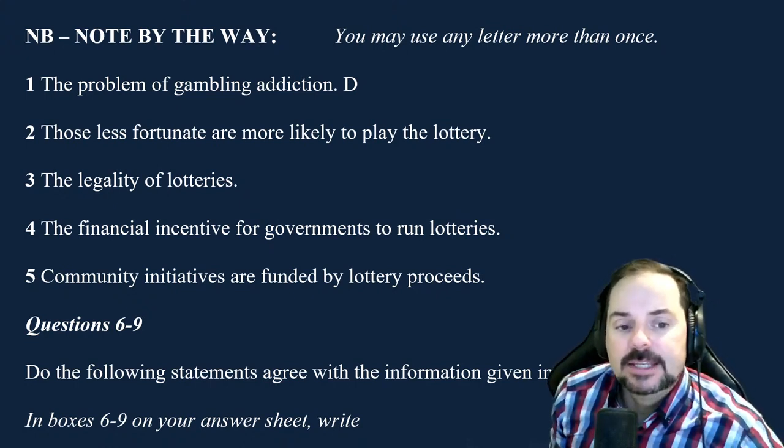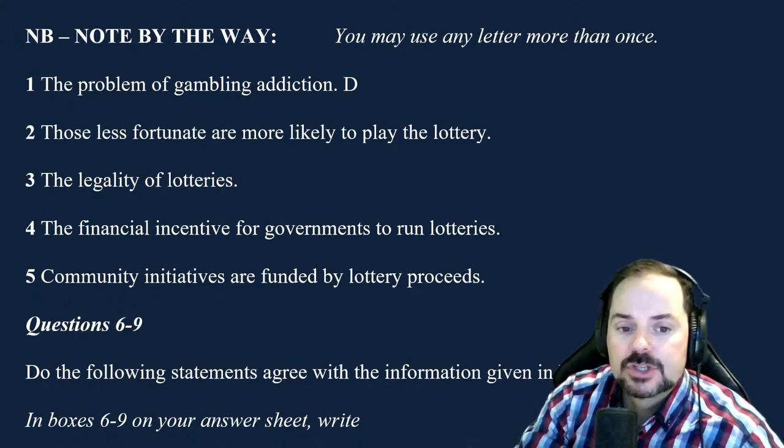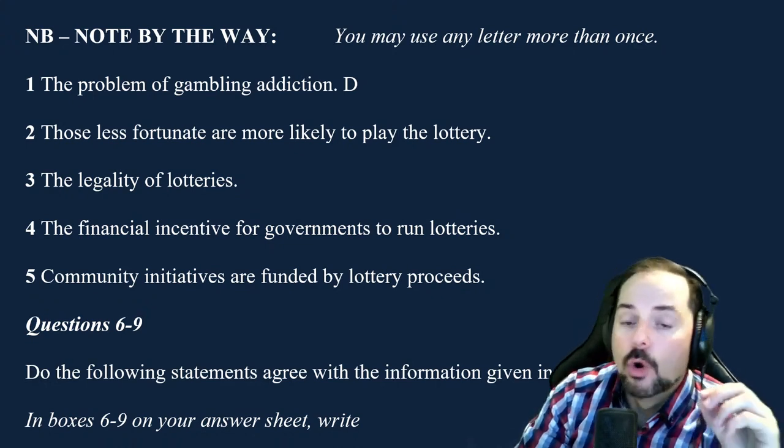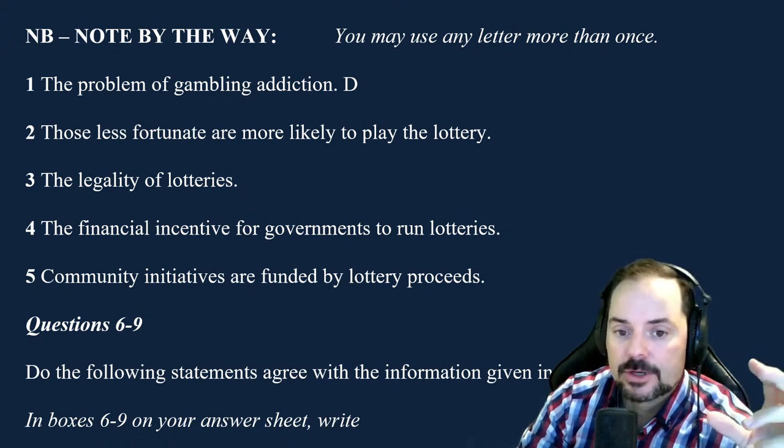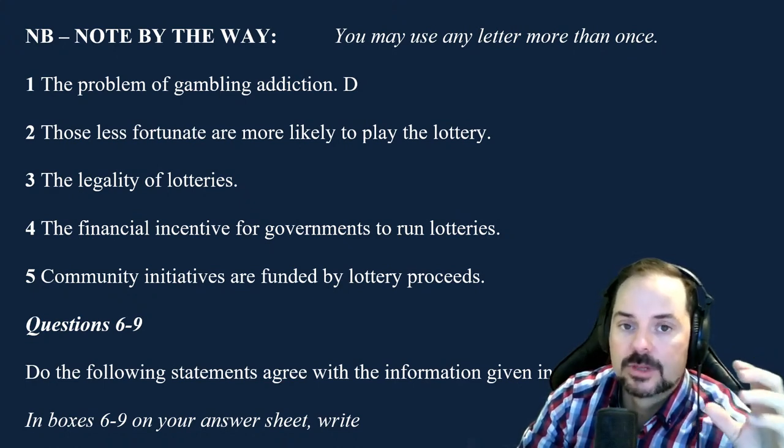So ideally, when students are solving these where-does-the-information-come-from questions, hopefully you have an idea of whether the information is from the first third, the second third, or the last third.